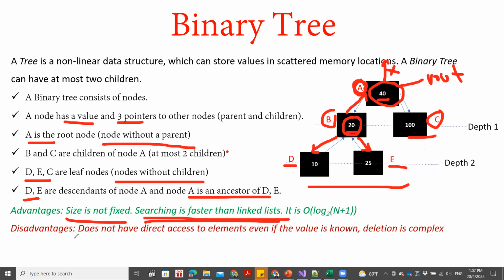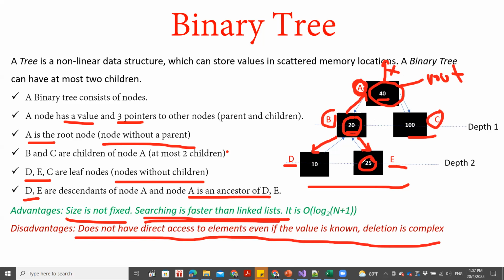So the disadvantages are it doesn't have direct access to an element even if the value is known, right? That means even if you know the value, you can't directly access it. So if you know there's a node with value 25 and you want to access this node, you can't directly access it, right? So you have to start from the root and come all the way over here to access this node, right?